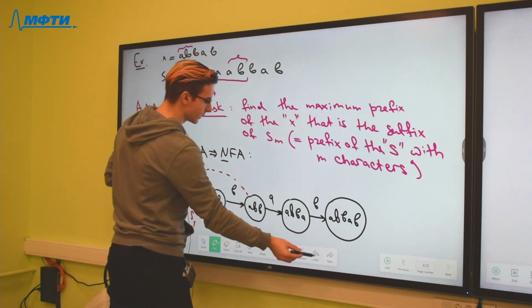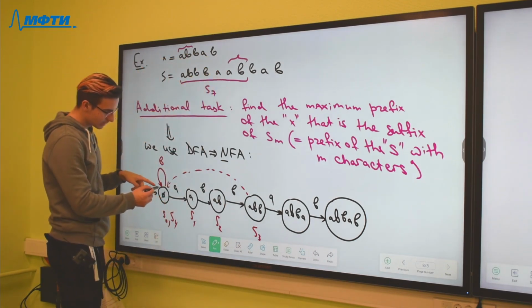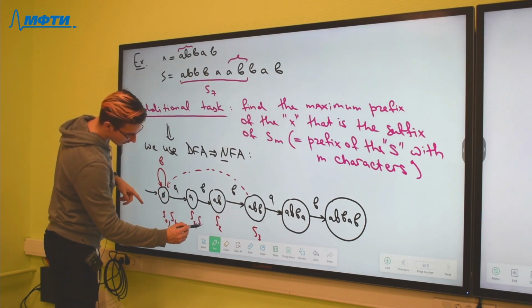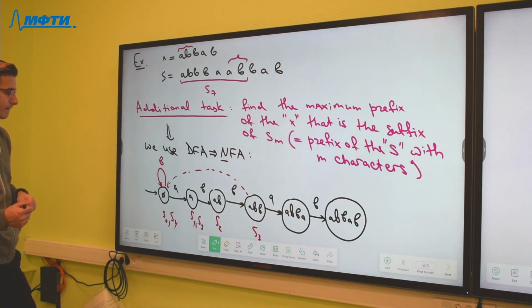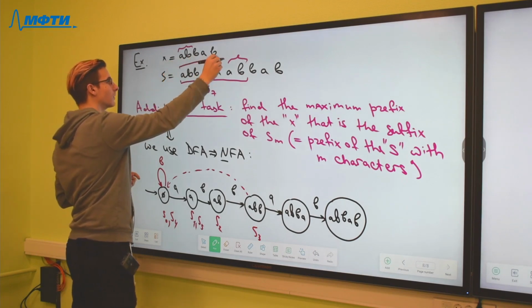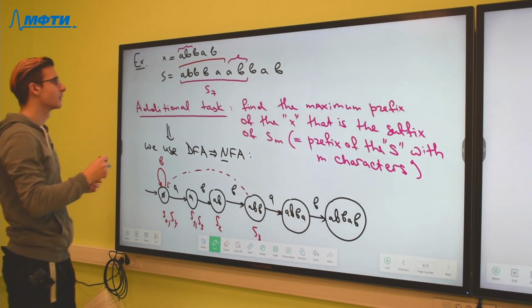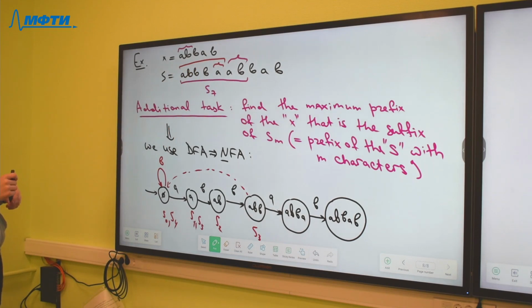But then I see that there is A, and I continue our algorithm and see that it is equal to S with index 5. Okay, and then I see that it is the S5, the maximum suffix of it that is the prefix of x.